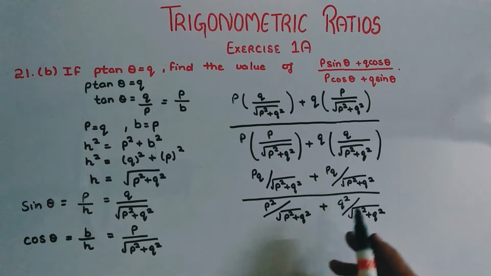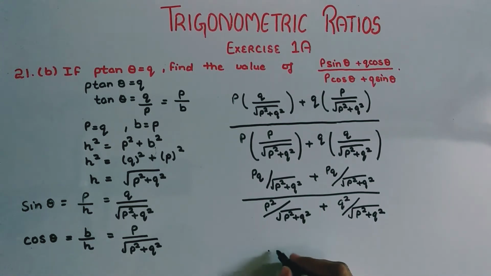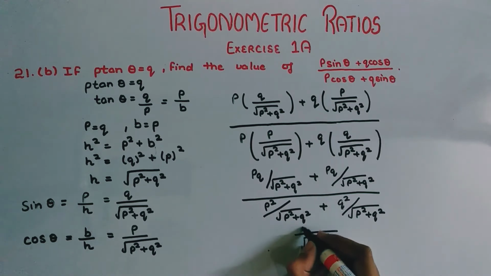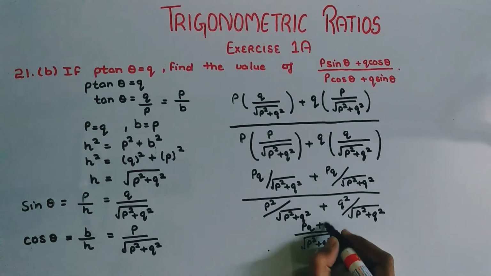Now here we will take the LCM, that is P square plus Q square, and here we'll have PQ plus PQ.